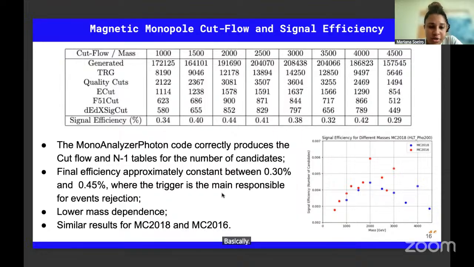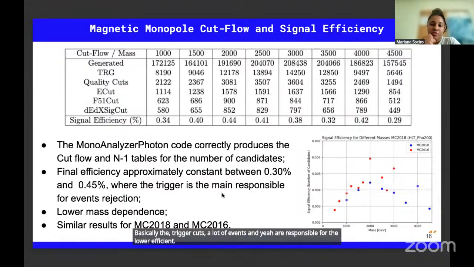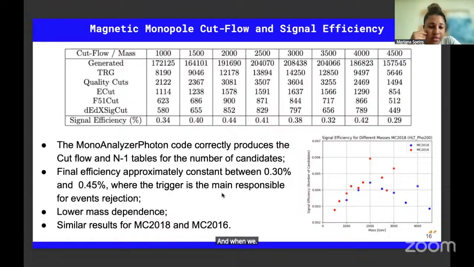Basically, the trigger cuts a lot of events and is responsible for the lower efficiency. And when we apply the GMAT, it is even lower than that. Here we have the trigger as the main responsible for this lower efficiency.